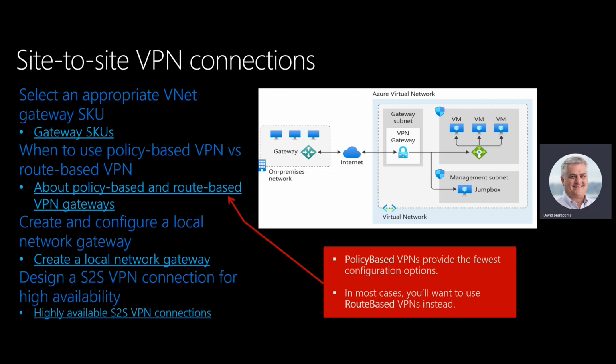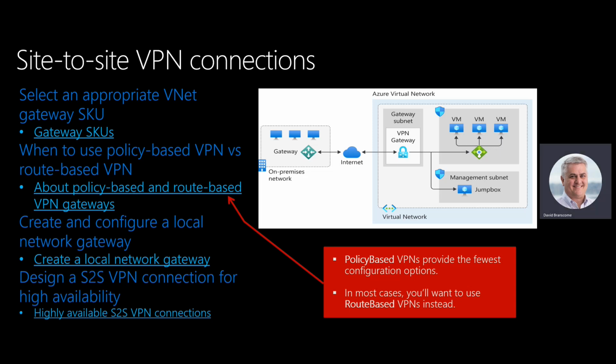So route-based VPNs. Route-based VPNs use routes in the IP forwarding or routing table in order to direct packets into their corresponding tunnel interfaces. The tunnel interfaces then encrypt or decrypt the packets in and out of the tunnels.